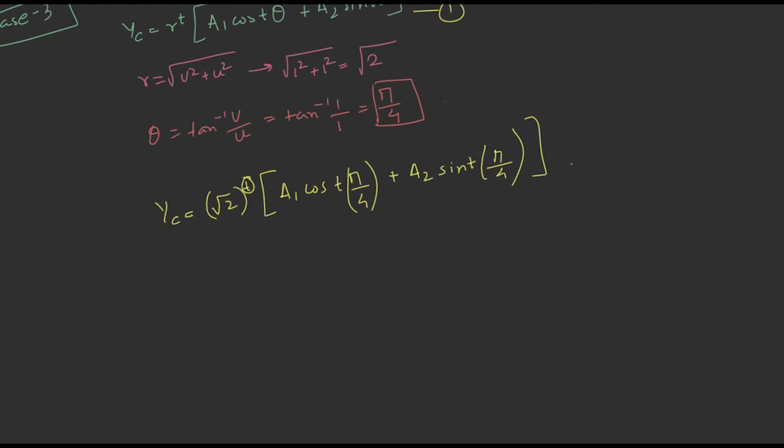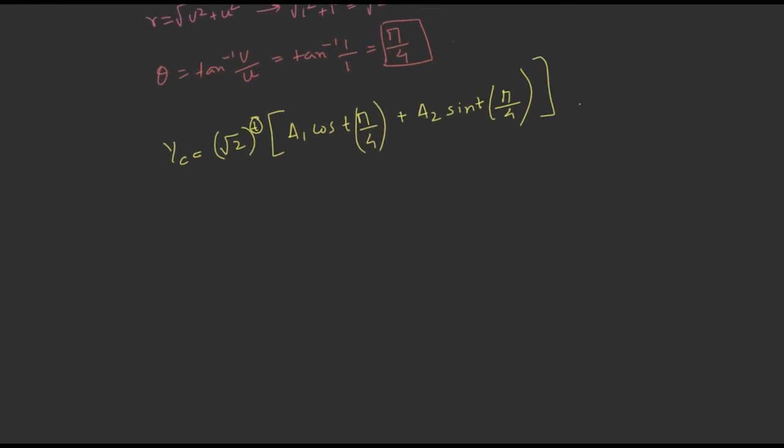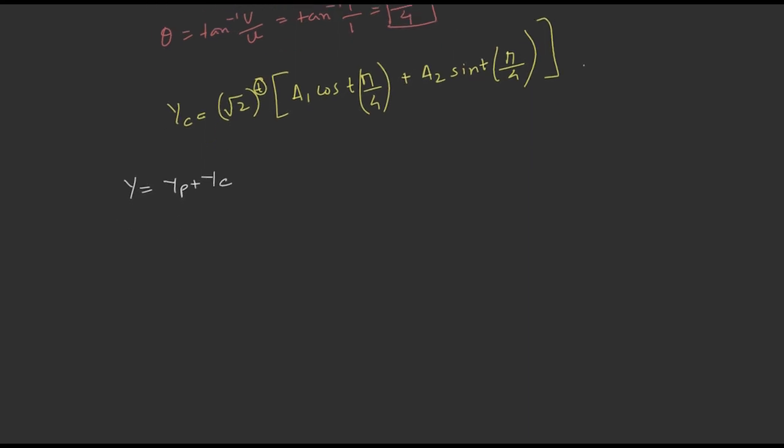So the general equation, first let me write the general equation, then we will solve for a1 and a2. So general equation: y equals yp plus yc, right? So y equals, what is yp? 1, plus what is yc?